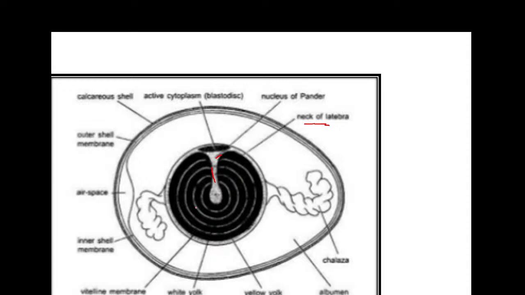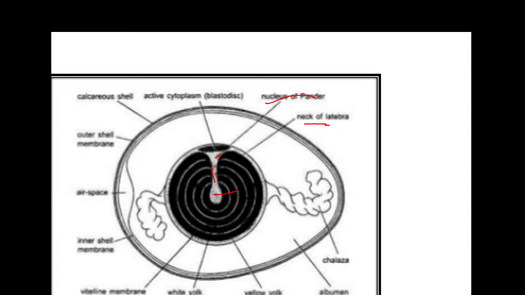The difference in color is due to the difference in the chemical composition of the yolk, and this deposition of the white and yellow yolk is actually around the latibra. This is known as the latibra. ഈ ലാറ്റിബ്രയുടെ ചുറ്റുമാണ് കോൺസെൻട്രിക് റിങ്സ് അറേഞ്ച് ചെയ്തിരിക്കുന്നത്, and the latibra extends towards the periphery of the egg near the blastodisk, and that structure is called the nucleus of Pander.